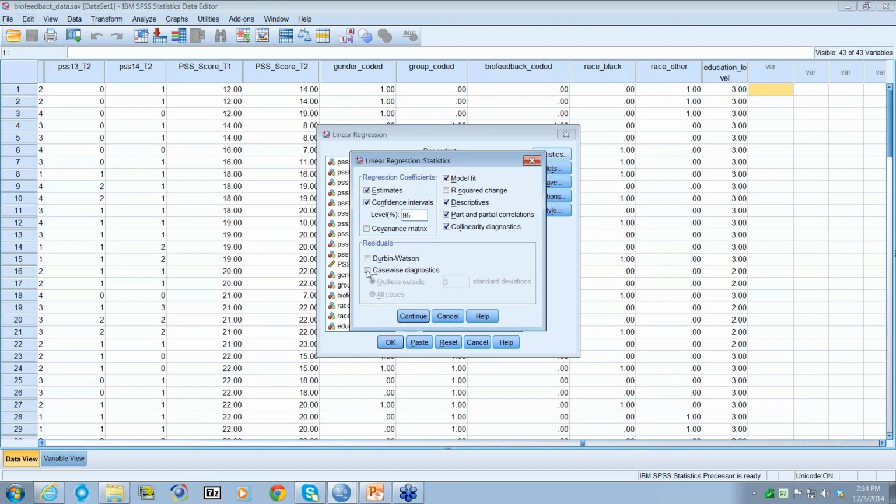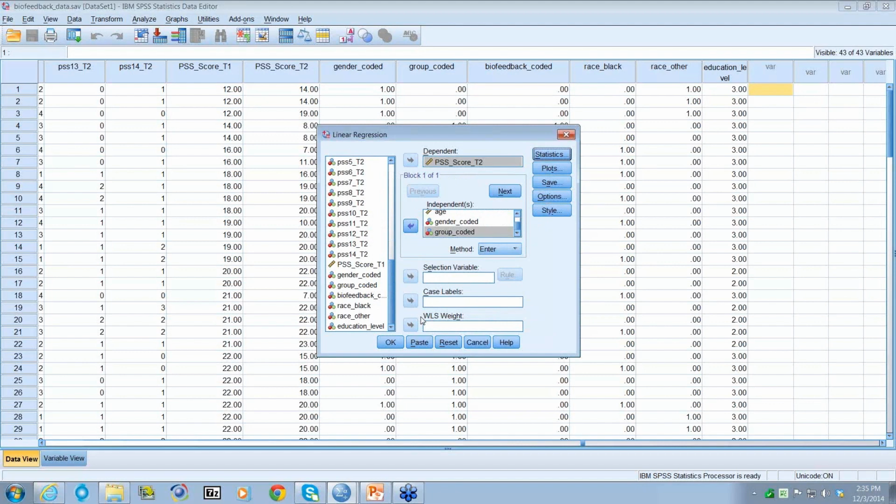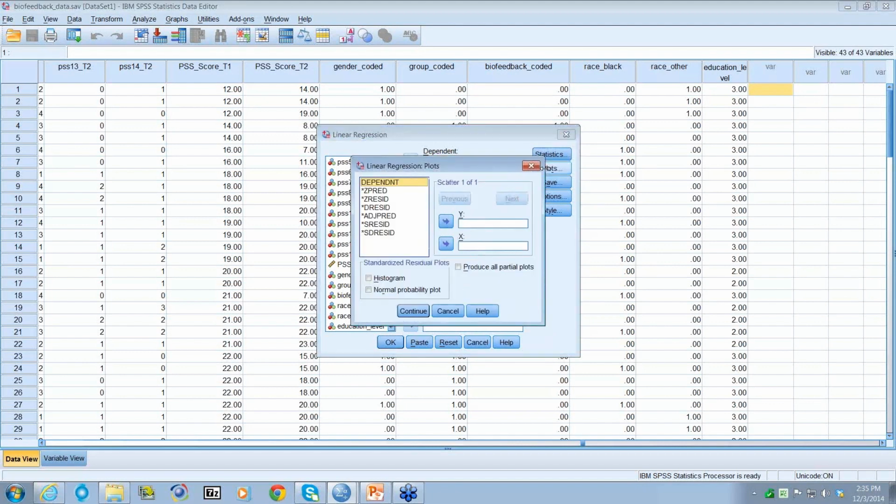I also want to look at these. We're not going to look at them today, but definitely we'll look at some residual plots. So I'm not really going to look at the numbers. So let's look at the plots. Here's assumption number 6. This will help us with this. So for our Y here, I want to put in the residuals. And I want to put in the Z residuals.